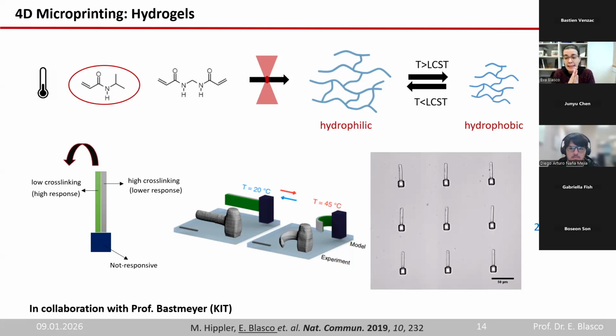So when we use lower laser power, we will of course have lower crosslinking. When we have higher laser power, we have higher crosslinking, and that also has an influence on the response.